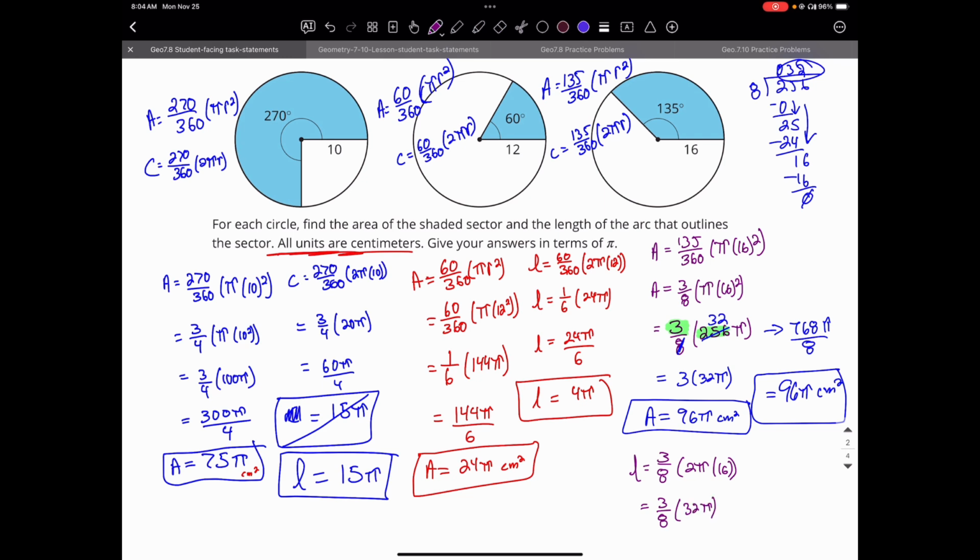So then you could go ahead and simplify here, or you can multiply it out.